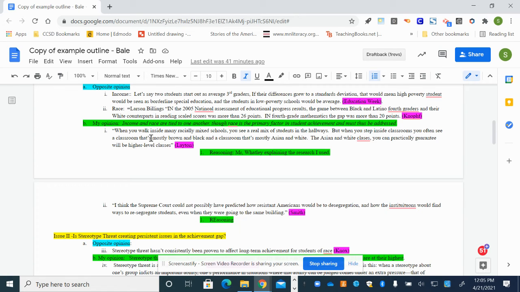So you will have your evidence, and then you will have your analysis. Now this here, what this says here, that's not analysis. Okay, so ignore that, but your reasoning is your analysis. So you're not only interpreting the quote or the evidence that you're using, you're showing how it connects to your claim.